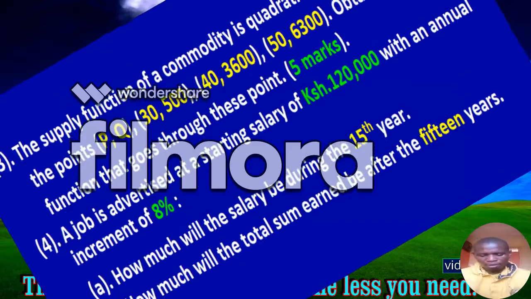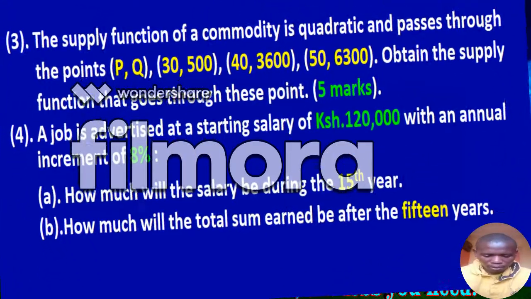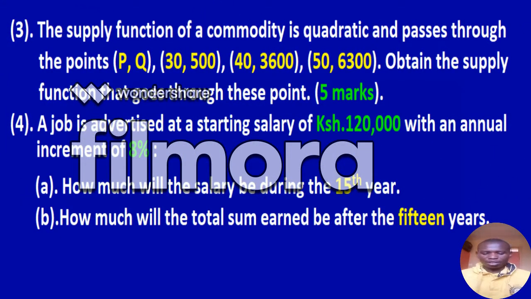Question 3 goes, the supply function of a commodity is quadratic and passes through the points P, Q, 30,500, 40,3,600 and 50,6,300. Obtain the supply function that goes through these points.